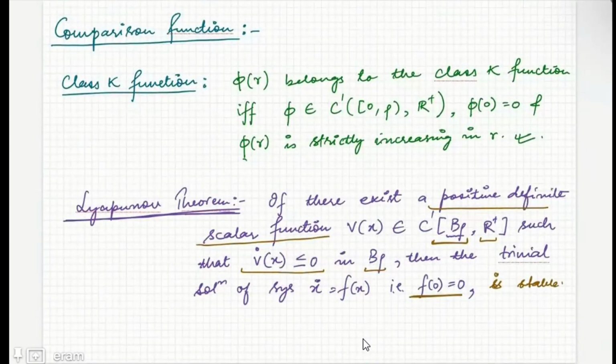The other conditions can be quickly inferred from here. If we start with the same positive definite scalar Lyapunov function, and if the derivative along the trajectory is strictly less than 0, then the system is asymptotically stable.